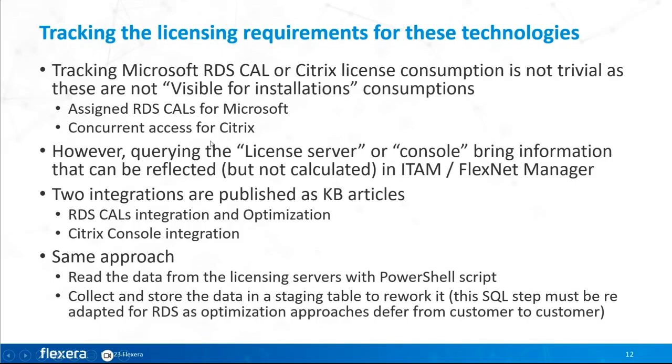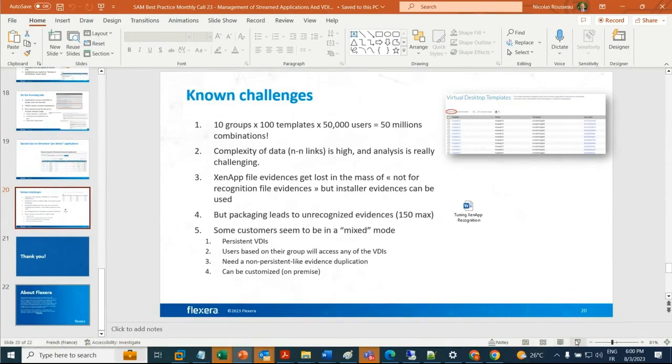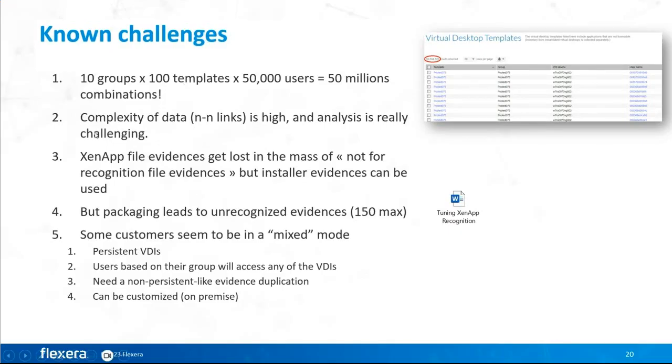Okay, so I will just finish on the challenges. One challenge is the combinatorics. You can have millions and millions. Here is the list of virtual desktop templates that I took from a real customer: 55 million.